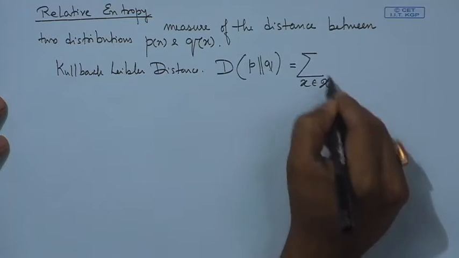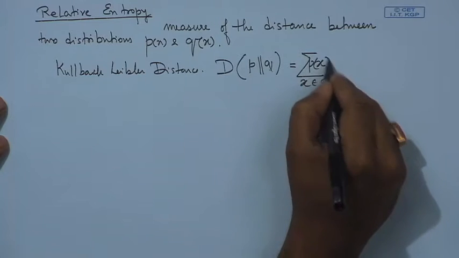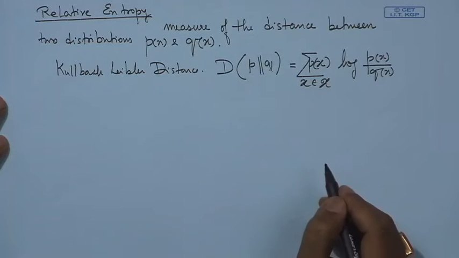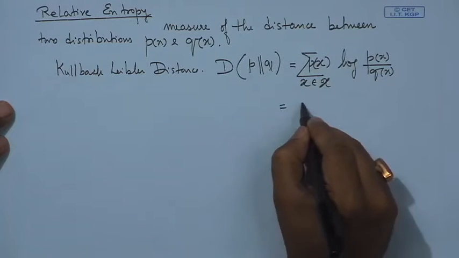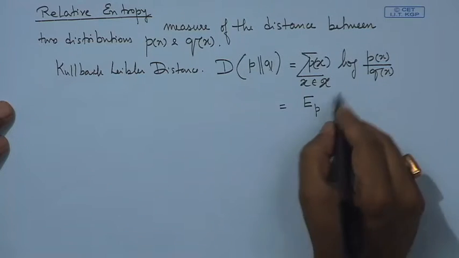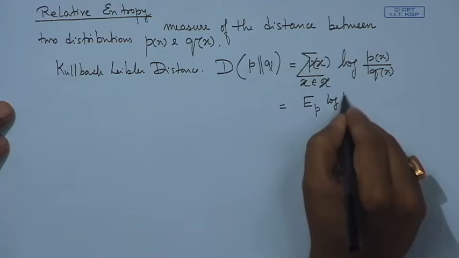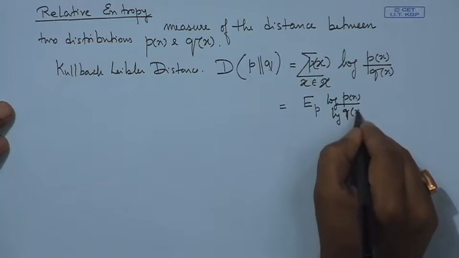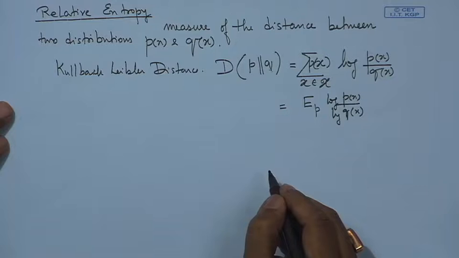The relative entropy, or the Kullback-Leibler distance, is given as the sum over x element of X of p(x) times log of p(x) over q(x), and this could be written as the expectation over the distribution p of log p(x) over q(x).